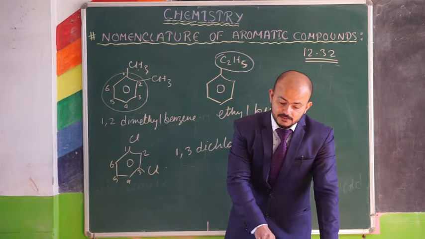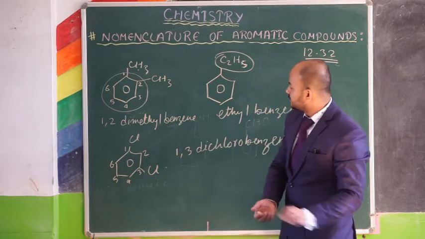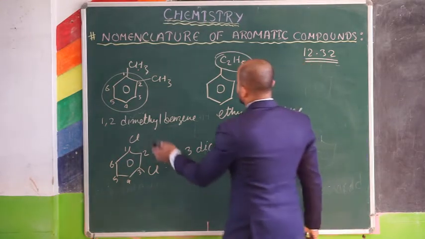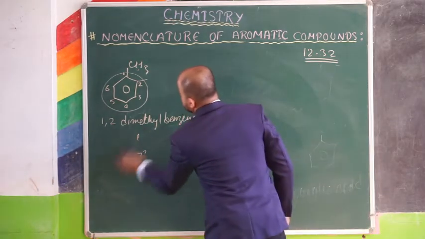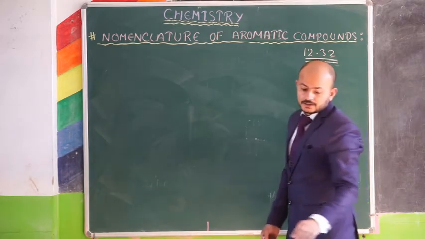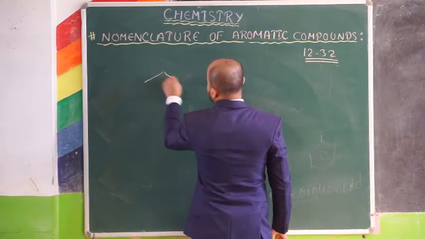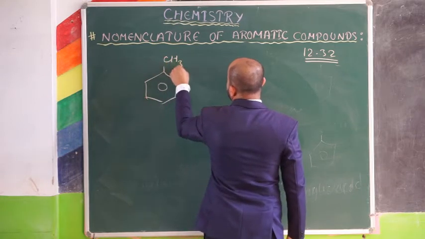Now let's discuss the hydroxyl derivative. Suppose you have two different groups in the benzene ring, CH3 as well as OH.